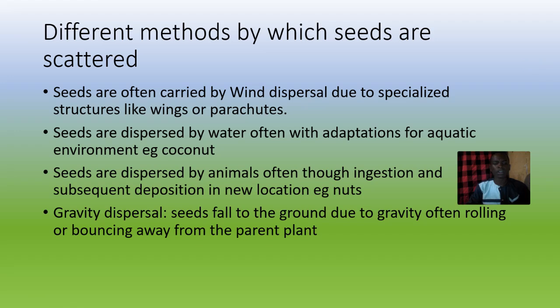Then, by the influence of gravity dispersal, seeds fall to the ground due to gravity, often rolling or bouncing away from the parent plant, especially when they are dried up. They can easily fall from the parent plant to the ground.